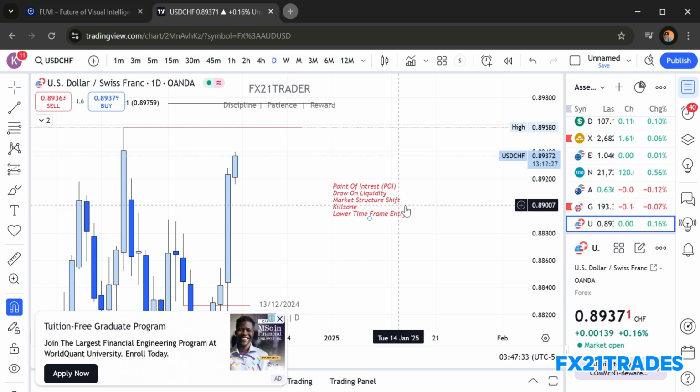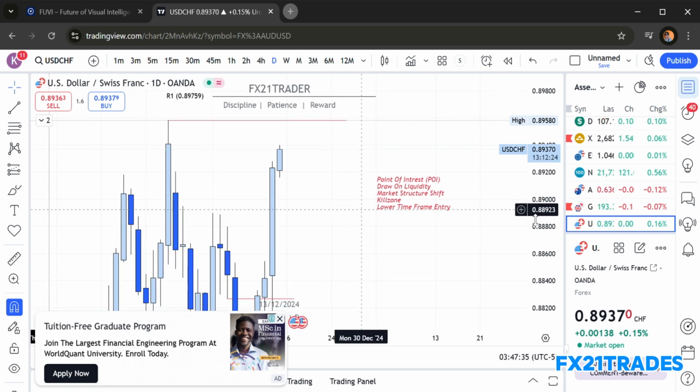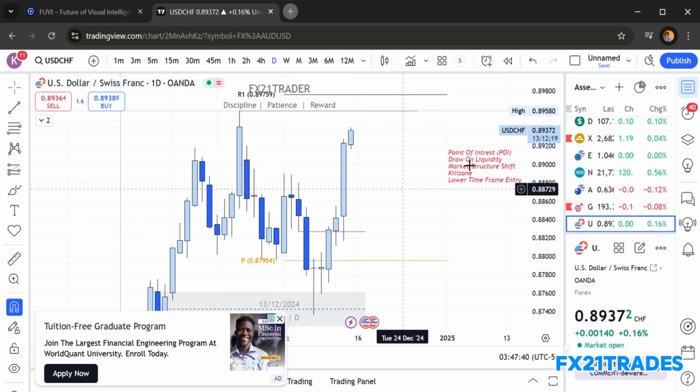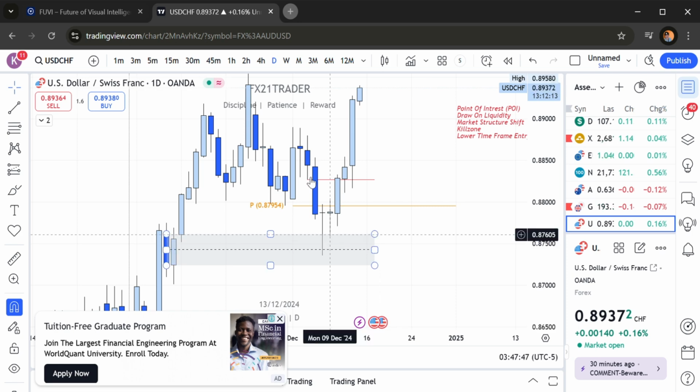So an example is this right here on USDCHF. This actually was one of the setups that I sent here last week.